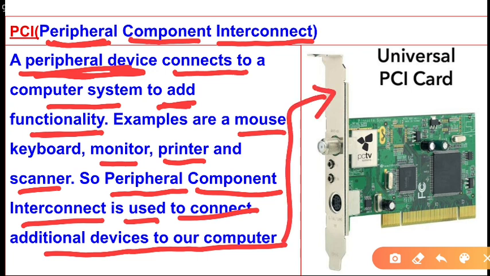Right now, see, this is one port for connecting a PS2 type of mouse. Nowadays we get PCI cards which have different USB slots. For example, the one which is shown in your book has a USB slot.